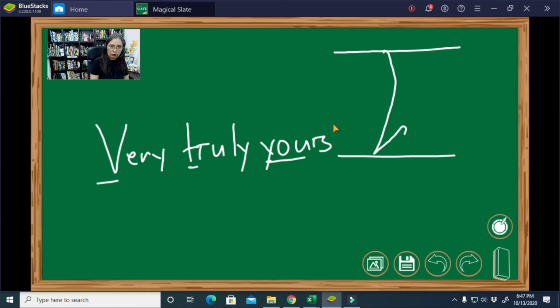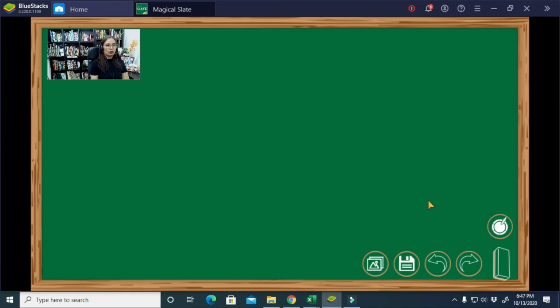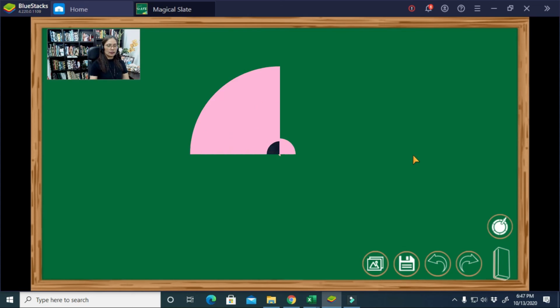Can I rewrite the curve? I'm having a hard time writing. So we have the V for a downward curve, upward straight line, and U. Very truly yours. Okay. So that is actually the coverage of lesson 7.